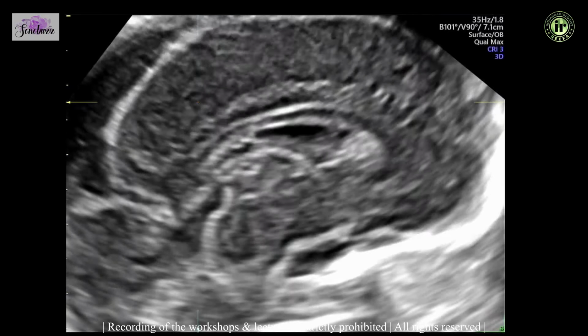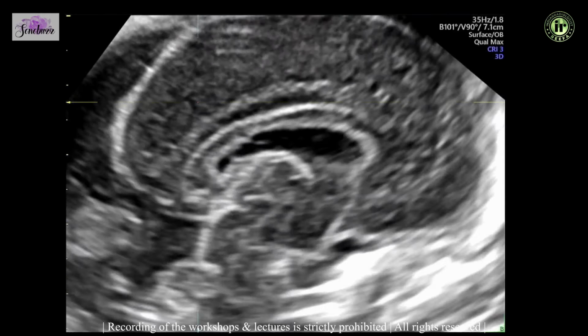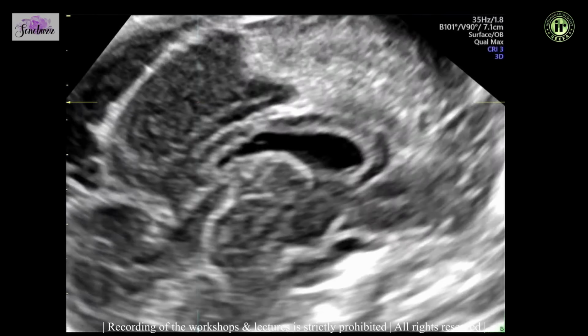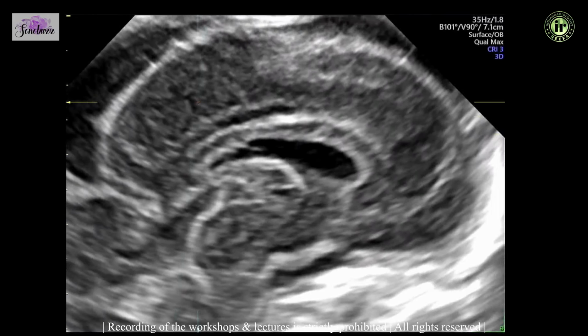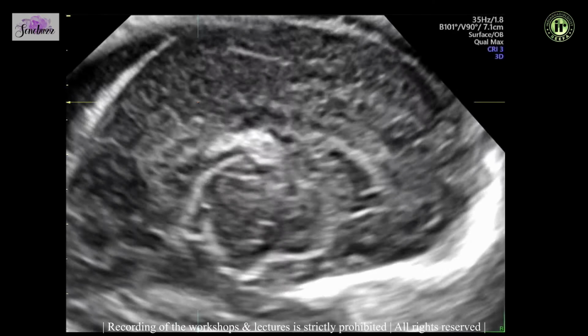And this gives a perfect midline section, especially as you saw earlier, we could not get the good view of the corpus callosum because of the oblique position. So just by taking a volume sweep, we can do just the same.